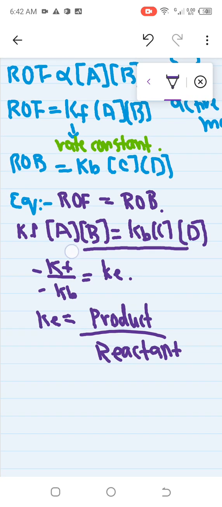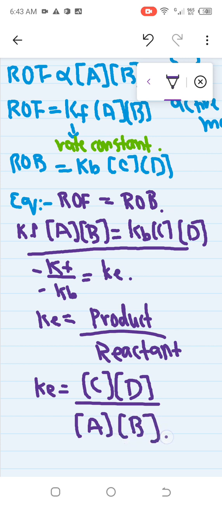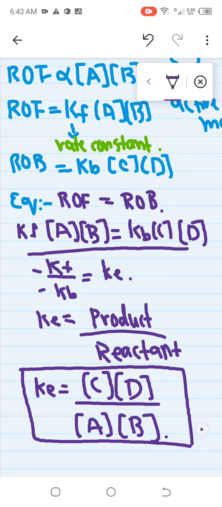In this equation the product is the concentration of C and concentration of D, and the reactants are the concentration of A and the concentration of B. This is the equilibrium stage or law of mass action.